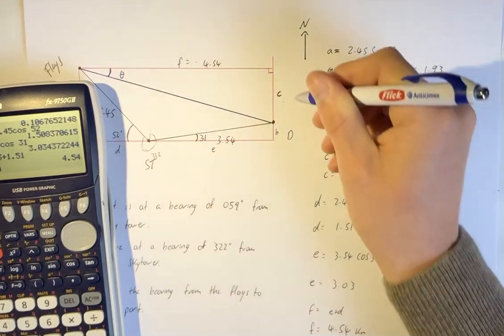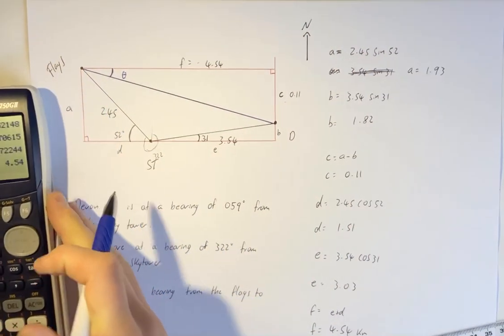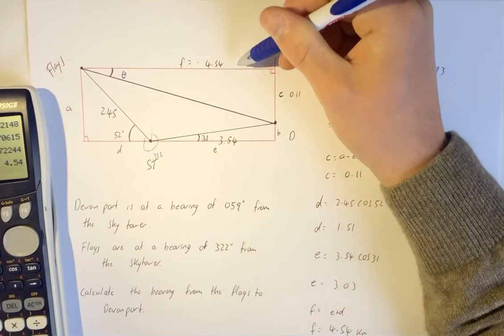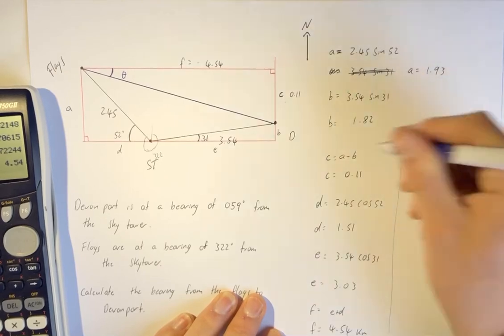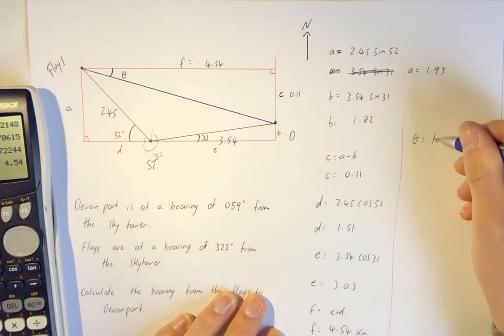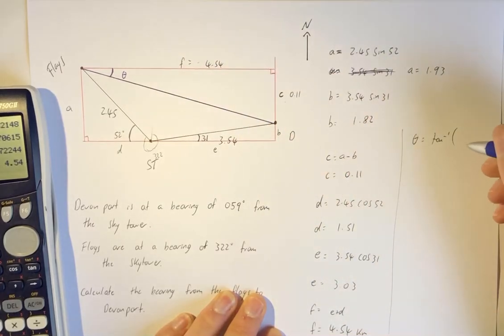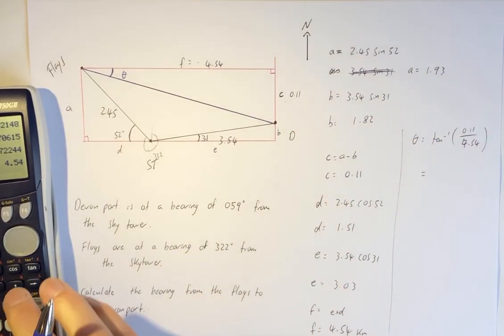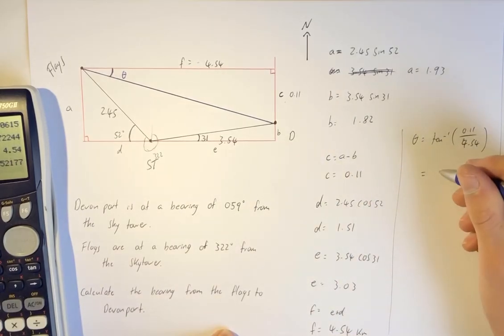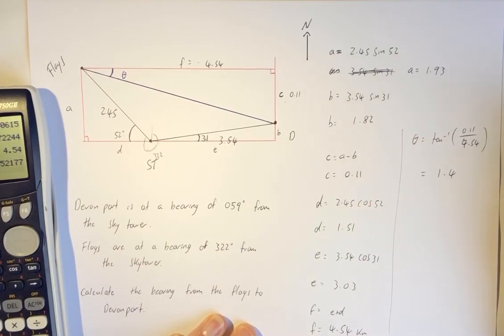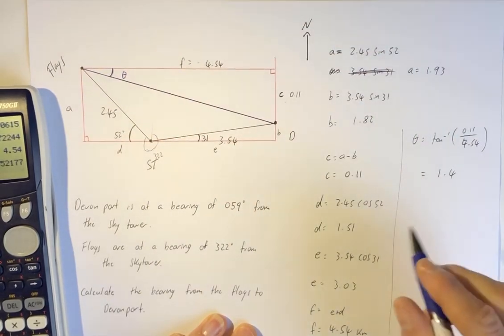4.54. C was 0.11. Now we can find that angle. We've got two sides of a right angle triangle, so we can find theta. We're dealing with O and A, so it's tan inverse of the opposite over the adjacent: 0.11 over 4.54. That's 1.4. Well, that's not the answer, is it?